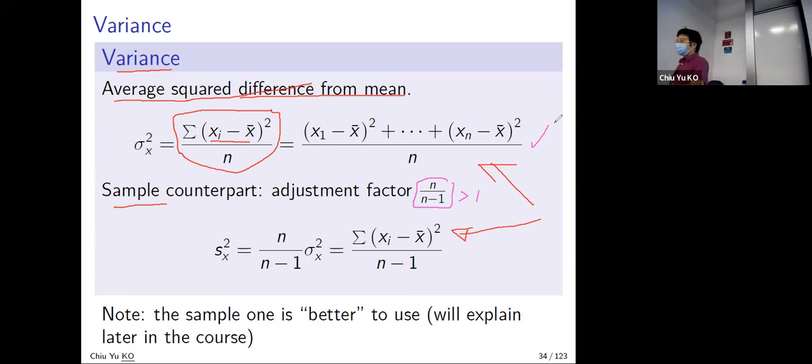When you only have a small sample, and we're interested in the variance of the whole population, the variance you calculate with this formula is smaller. That's why it is adjusted to be bigger.